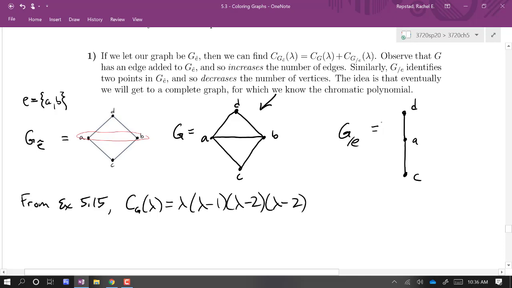Okay, and looking over here on the right, the chromatic polynomial for G mod E, just by inspection, is lambda minus 1, lambda minus 1, right? I mean, if I start at D here, once I move down to A, I can't use that same color. Once I move down to C, I can use any color except for whatever color we picked for A. So the color for D is back in the running. So lambda minus 1, lambda minus 1.